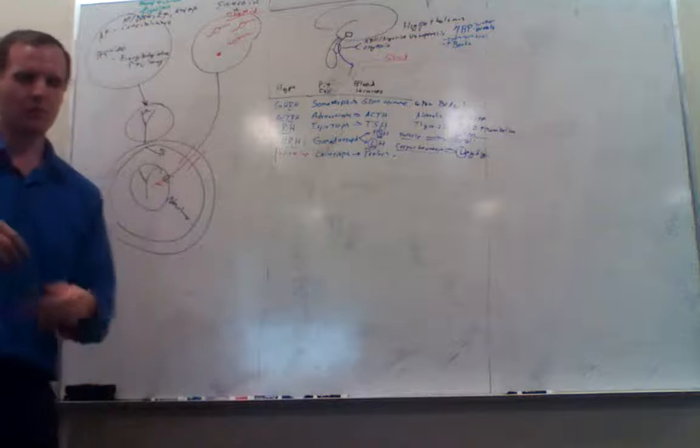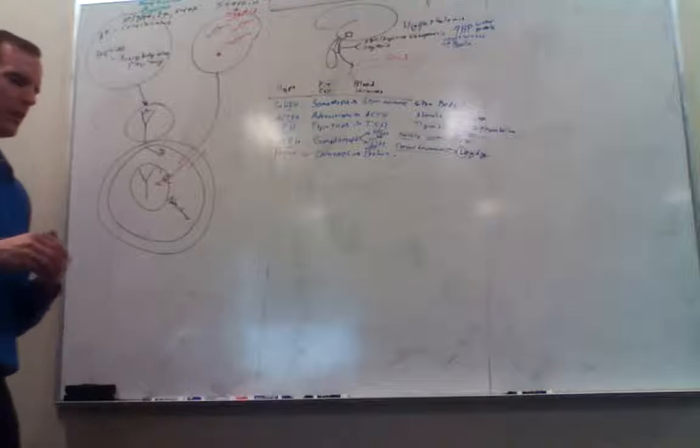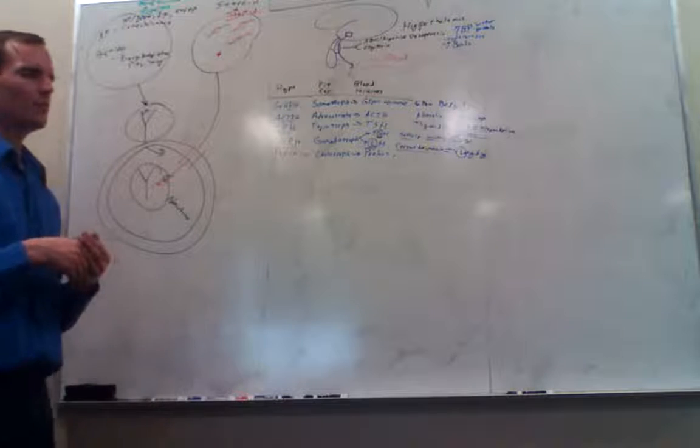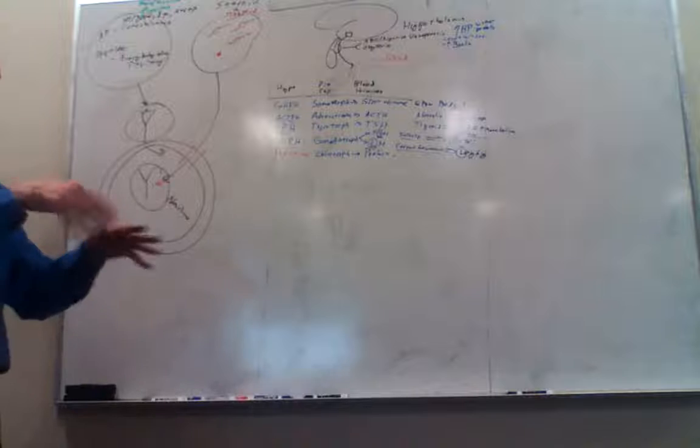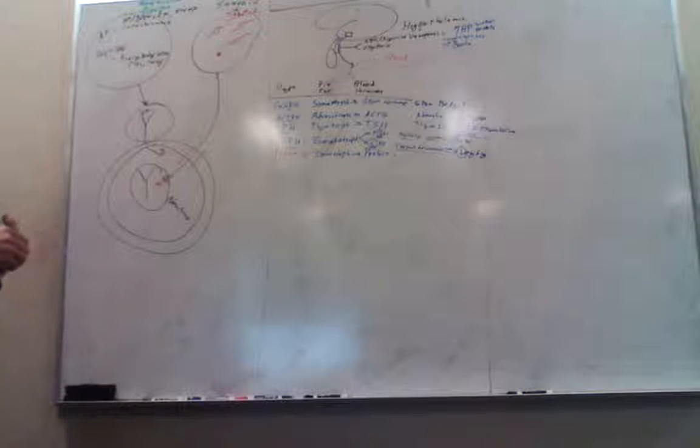All right, next one down, that's going to be the thyroid releasing hormone. What are the other two things for it, the cell and the hormone? Thyrotrope and thyroid stimulating hormone. That's going to tell the thyroid to make more thyroid hormone. Then for the gonadotropin releasing hormone, what are the two things for that?